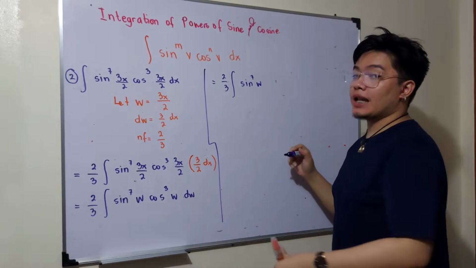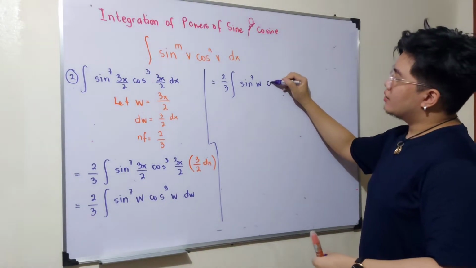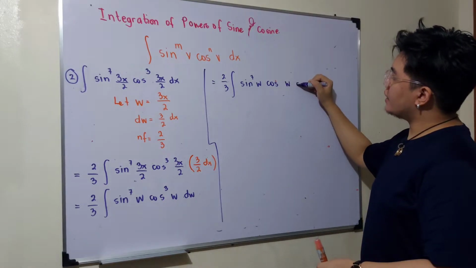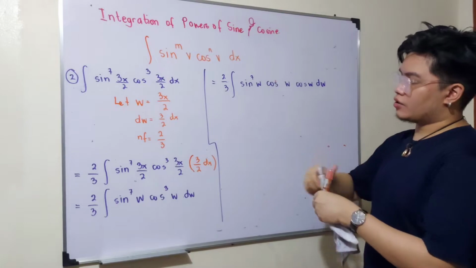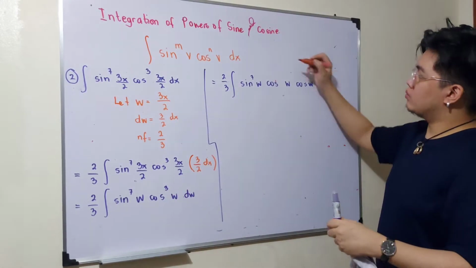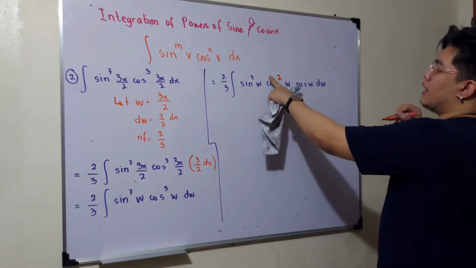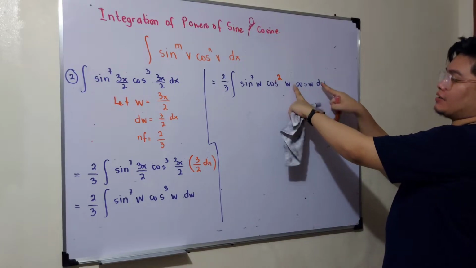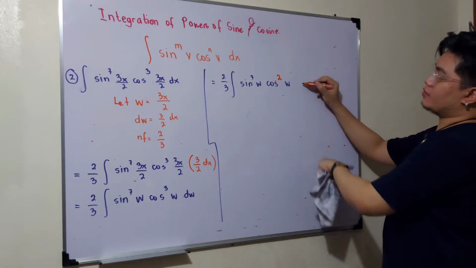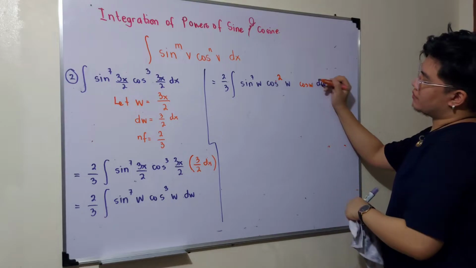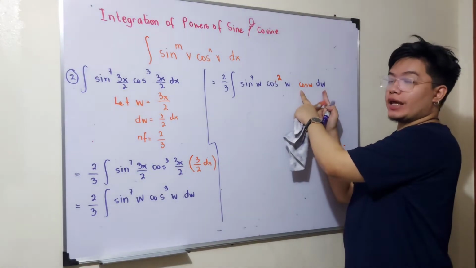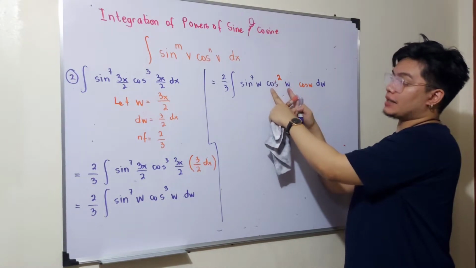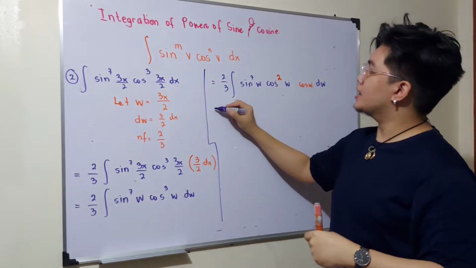Ito yung tatatesan natin ng isa. So, ito magiging cosine. So, 3 minus 1, 2. Ayan. So, ito yung isa. Ibayin natin yung kulay. Okay. Tapos, ito yung gagamitin natin du later. So, ito yung papalitan natin ng 1 minus sine squared.